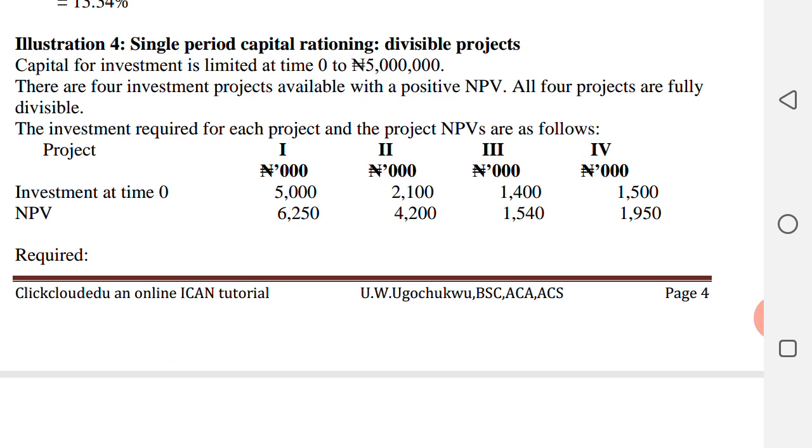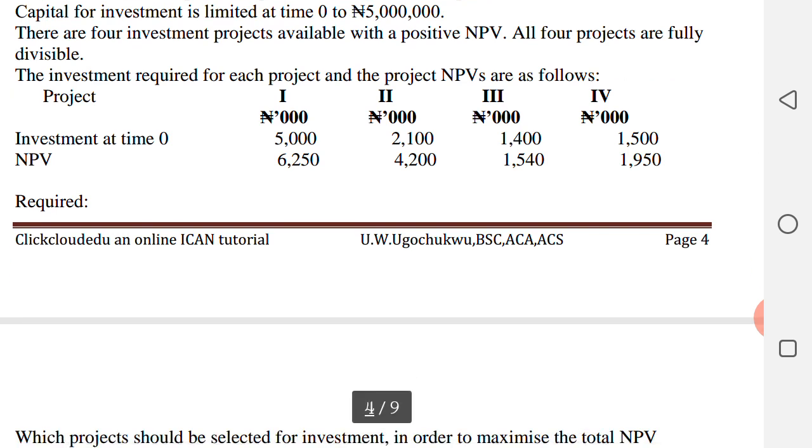Now, capital rationing means that it's just like a limiting factor. You have a constraint. The company wants to invest in 4 projects, and you must calculate the NPV of each of the 4 projects. Then you rank them, and you invest based on the ones with the highest ranks. The 4 projects have a positive NPV.